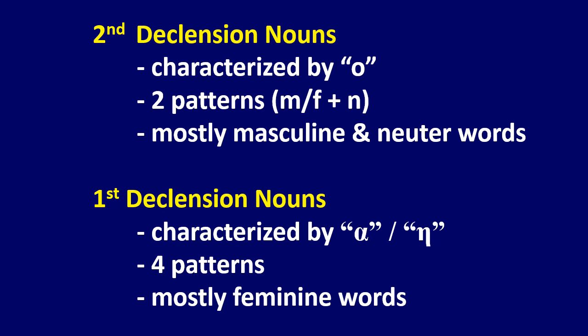The masculine and feminine forms are joined or similar, and then there's also going to be a separate neuter noun form, whereas there are four separate patterns in the first declension set of endings. And then again, for second declension nouns, it's mostly going to be masculine and neuter words, with some very rare feminine words that fall into this category. Whereas when it comes to first declension nouns, they're mostly feminine words.